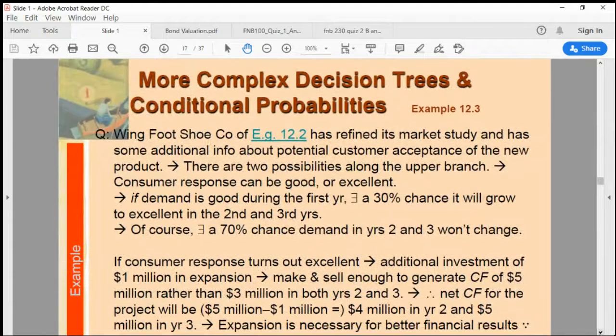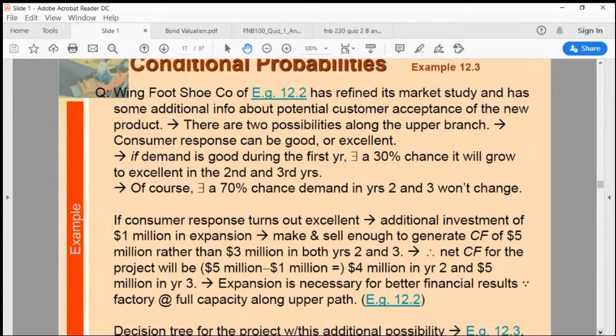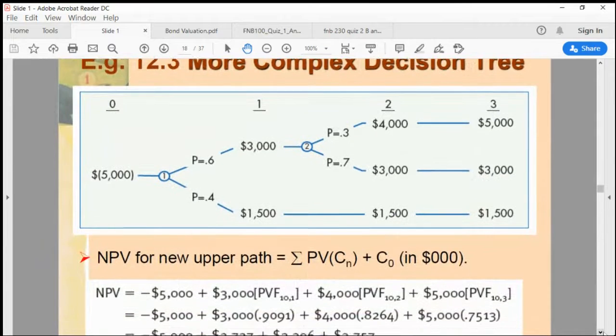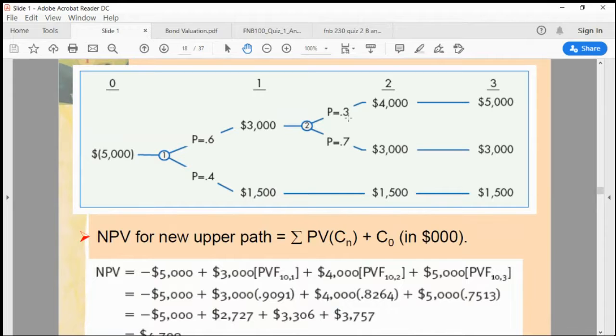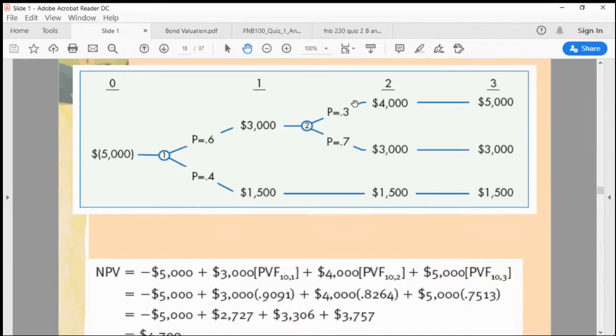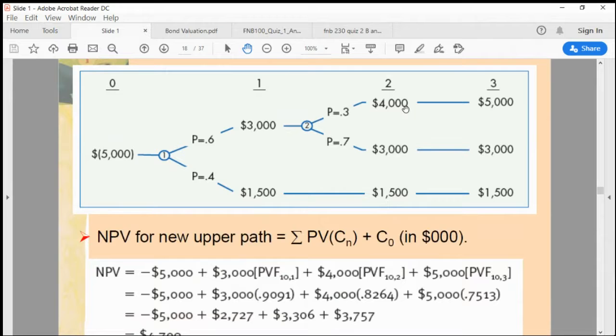In other words, in which case they would have the possibility of excellent demand in years 2 and 3, moving along the top branch or upper path, where if in year 1 the demand is good, with the probability of 60%, and then in year 2, you have a 30% probability that the demand will turn out excellent.